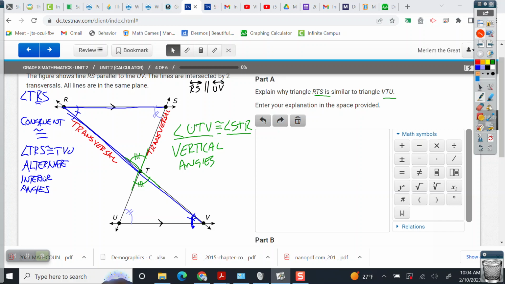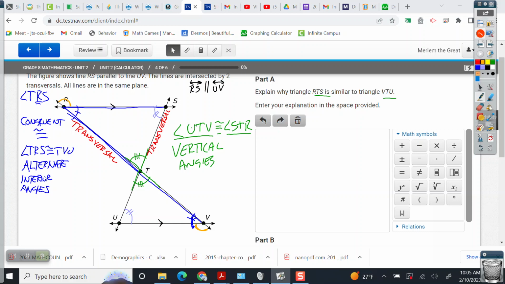Now, that addresses this problem, but I would like to also add some more vocabulary. So transversals also create some other angle relationships. For example, this angle right here and this angle right here are also congruent.